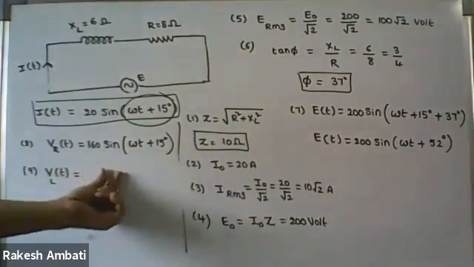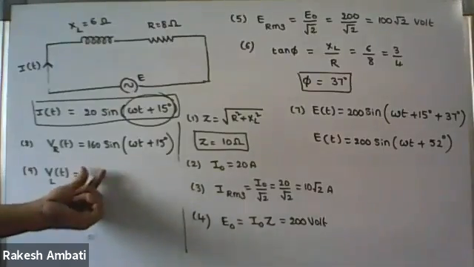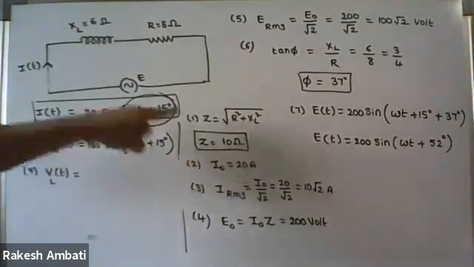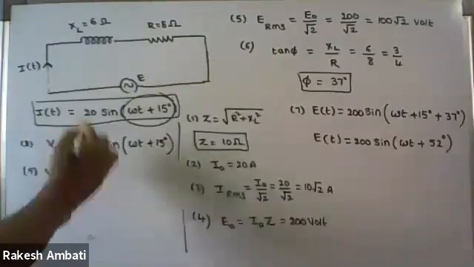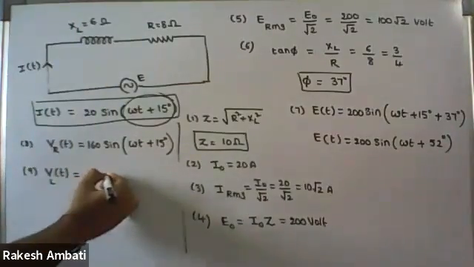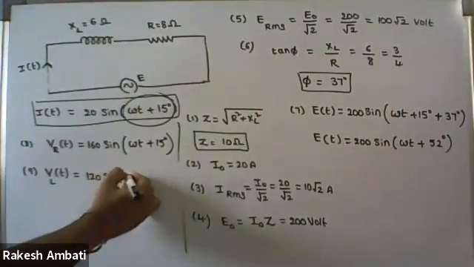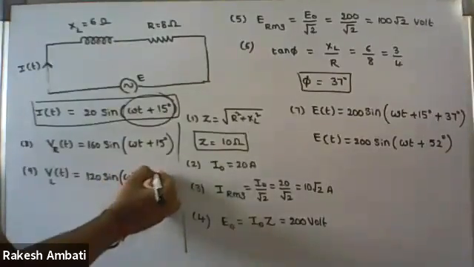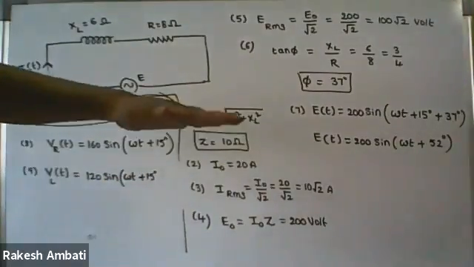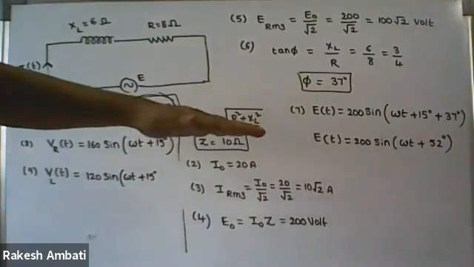Ninth question, we are finding VL as a function of time. Same thing, V naught into sine function of. V naught is I naught into XL, 20 into 6, 120. So 120 sine function of omega t plus 15 degrees with respect to current. How to draw VL?